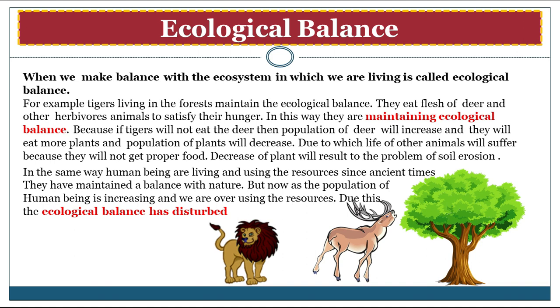In this way, they are maintaining the ecological balance, because if tigers will not eat the deer, then population of deer will increase and they will eat more plants and the population of plants will decrease, due to which life of other animals will suffer because they will not get proper food, and decrease of plants will also result in the problem of soil erosion.